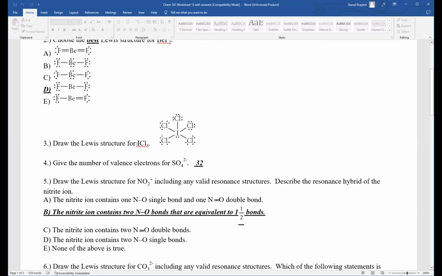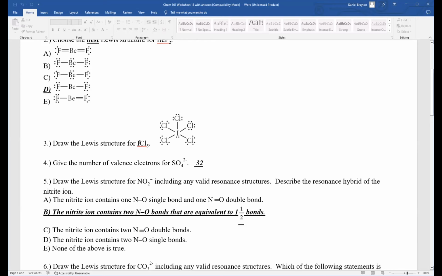3. So we did a pretty similar one, right? The central atom, it's pretty obvious when there's a subscript that has multiple elements around it. Whenever it's A, B, 5, then A is the central atom and there's 5 B's around it. So chlorine, I guess, could be the central atom, but it's less electronegative, so it's more likely not.